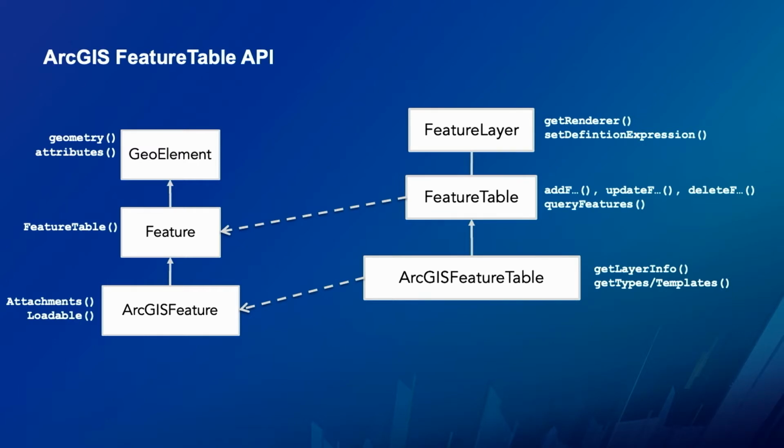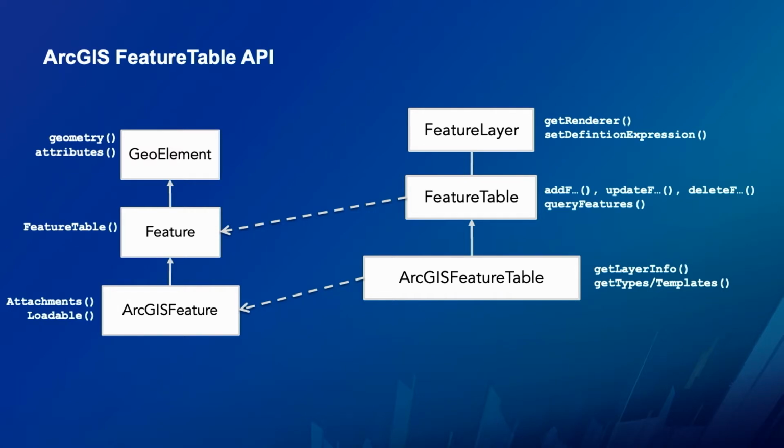We have our ArcGIS feature, which has some enhancements over your basic feature, mainly to do with attachments, but it also follows the loadable pattern as well, so that features, when they come across from a service for rendering purposes, only have the attributes required to support the drawing of these features. So the attributes that the renderers are using.